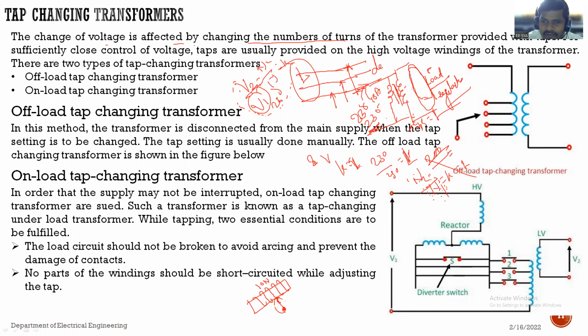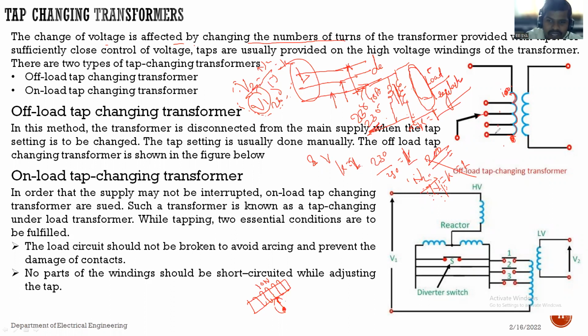See here, suppose these are the one winding. ही winding आहे. This is one of the winding, and on this winding there are, suppose these are the 100 number of turns and I want to provide a 4 number of tapping. So see, total 0 to 100. इथं 100 consider करा, इथं 0 consider करा.